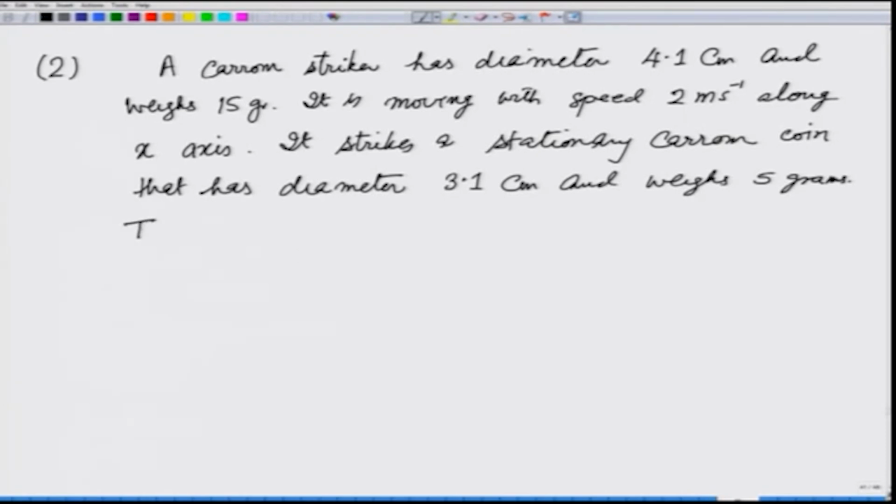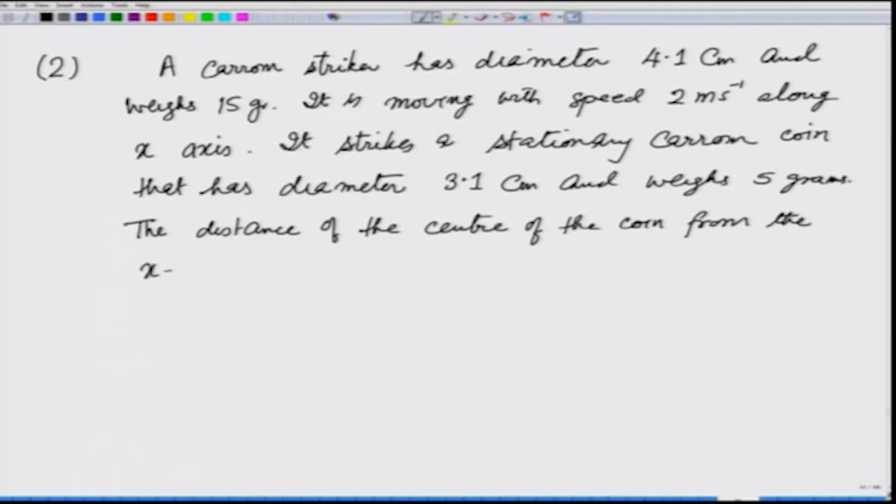The distance of the center of the coin from the x axis is 2 centimeters.